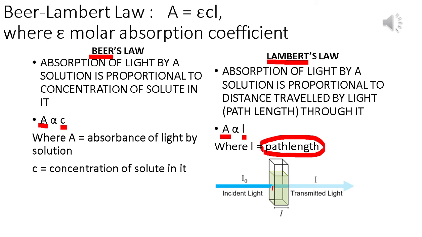So we have the Beer-Lambert law, which states that absorption of light by a solution is proportional to the concentration of the solute and to the path length of the light in the solution.